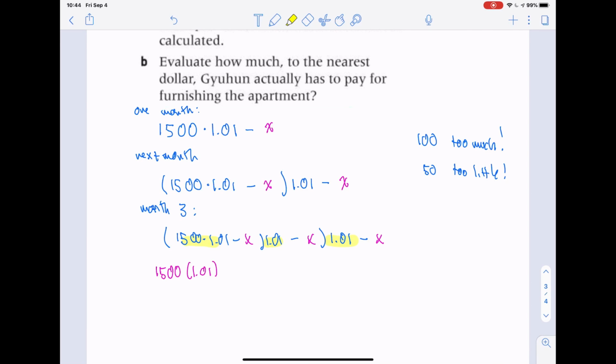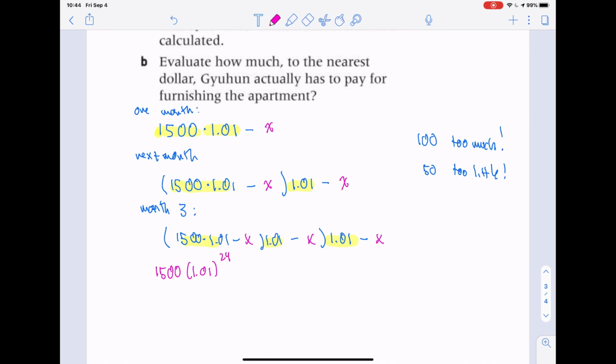For 2 months, we're multiplying it once, twice. And for 1 month, we're multiplying it by 1.01 once. So really, this is 1,500 times 1.01 to the n, where n is the number of months. And we know that we want this number to be 24 because we want to pay this off over 24 months.